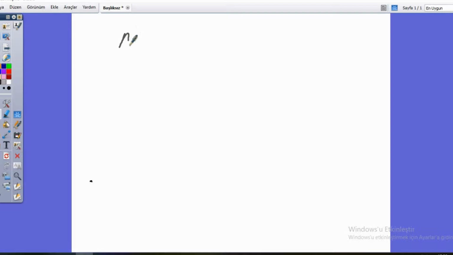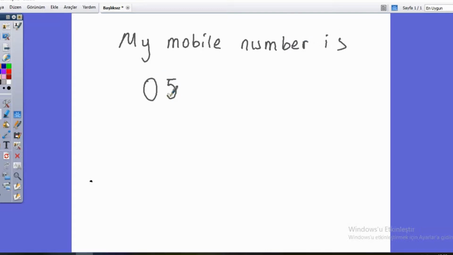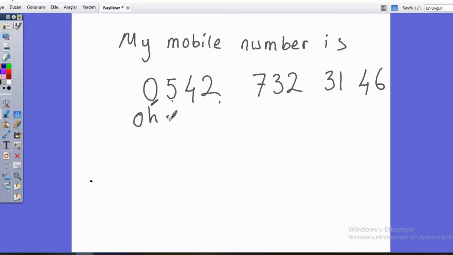Let's say my mobile number is 05427321 and 6. As you see, when we say mobile numbers, we say the numbers one by one. We can say 0 or we can say O.